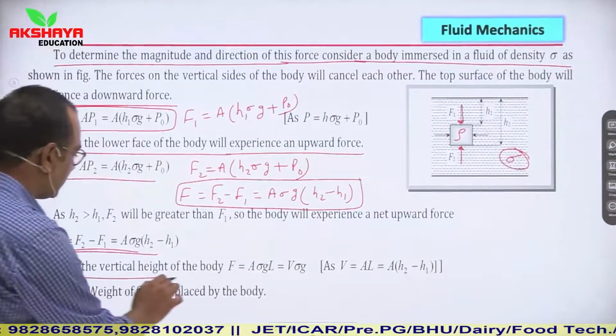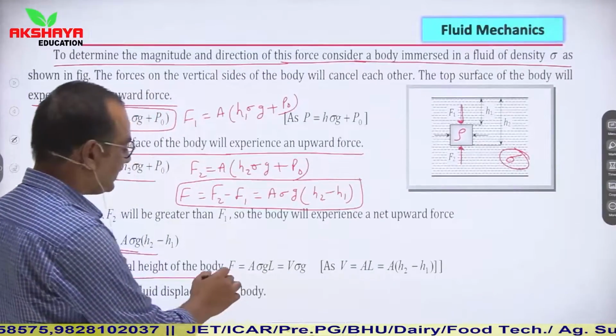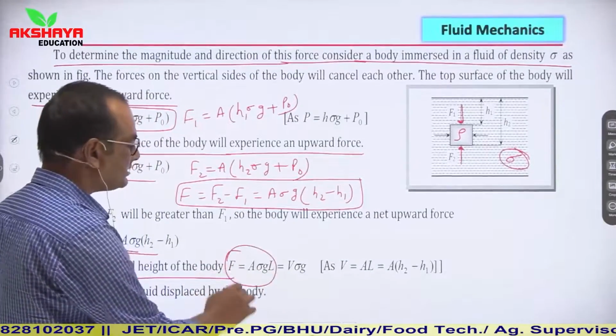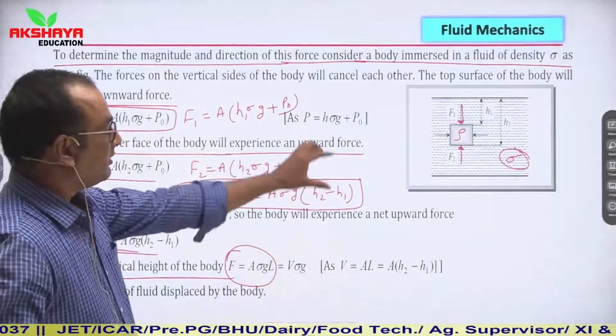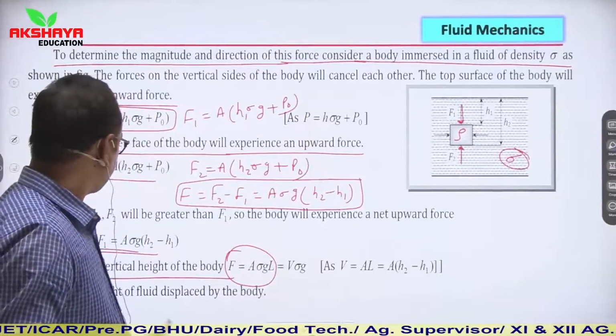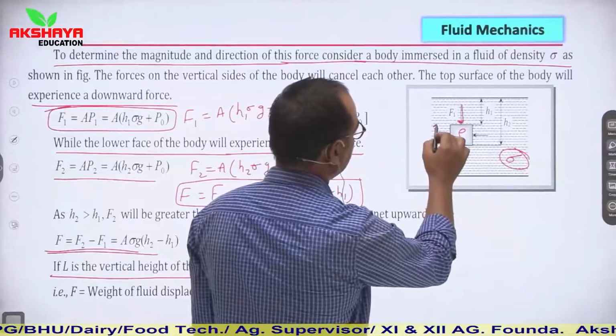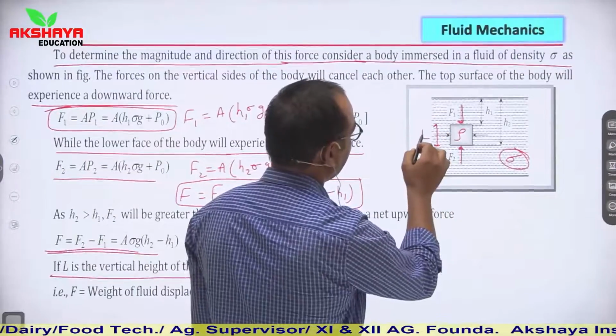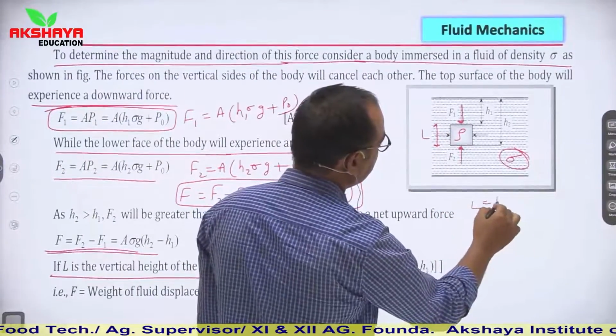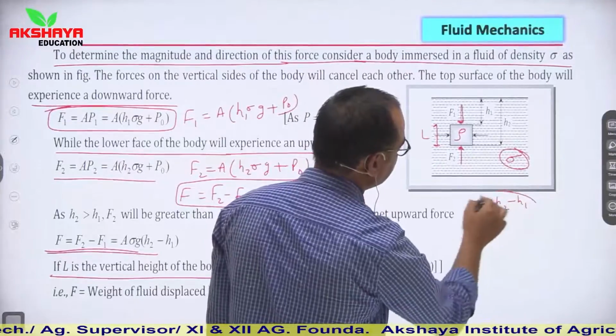If L is the vertical height of the body, then we are talking about this height, and L is equal to H2 minus H1.